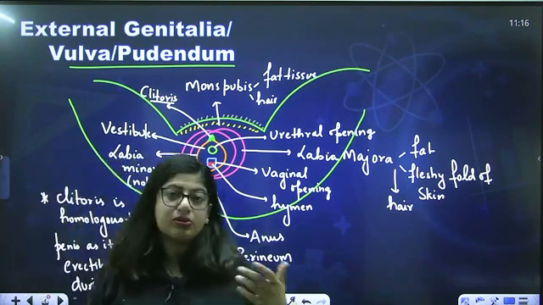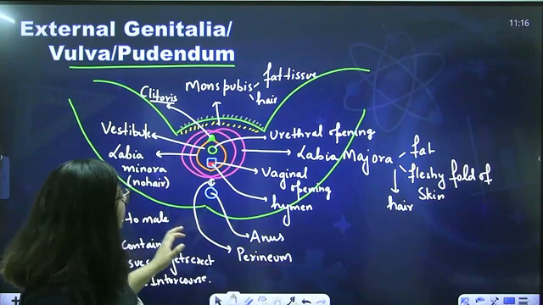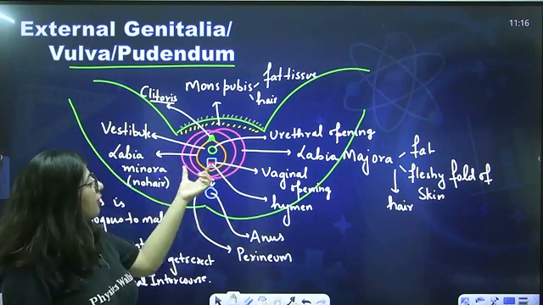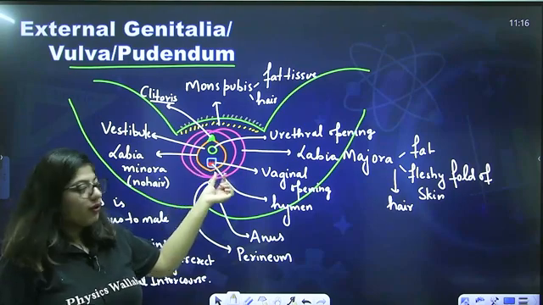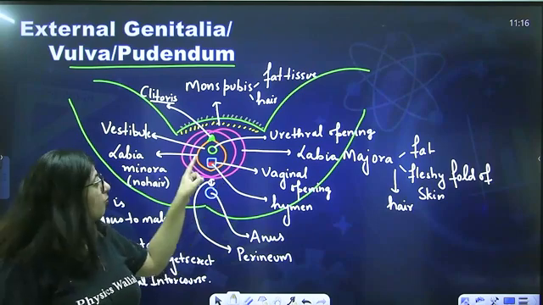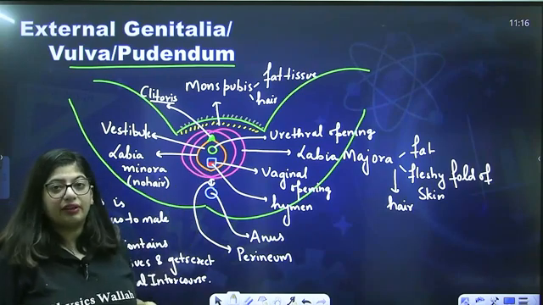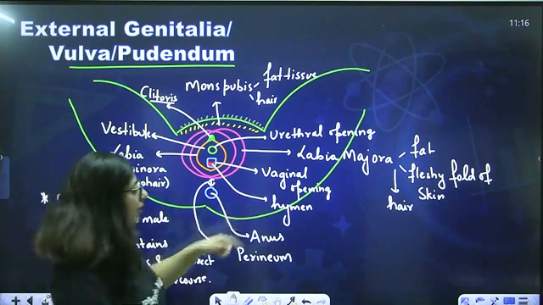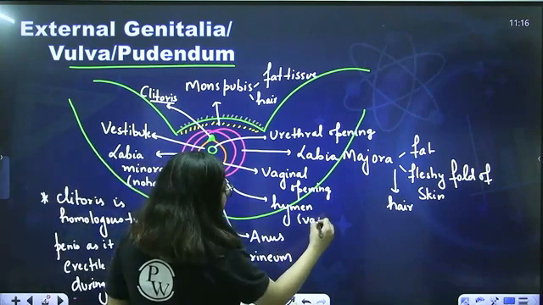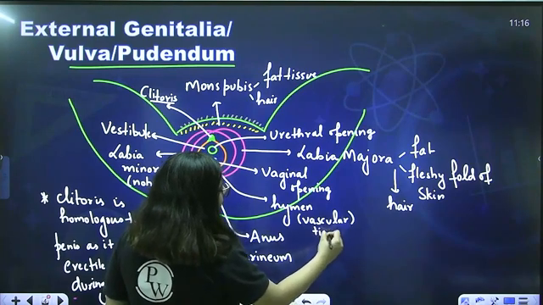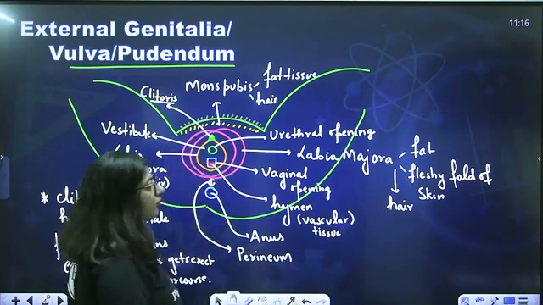Let's talk about those glands. Okay, so that's about external genitalia, which contains these lips, labia minora, labia majora. Labia minora is present inner to labia majora, and labia minora is the one which is surrounding the openings, the urethral opening and the vaginal opening. Vaginal opening is partly covered by hymen, and hymen is a vascular tissue, and this vascular tissue can be broken down by various things, or various conditions.